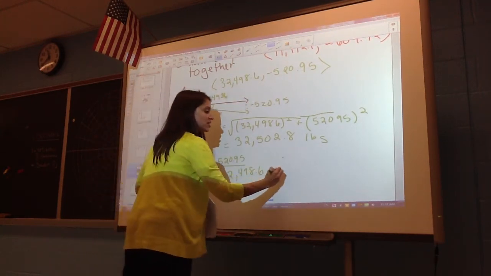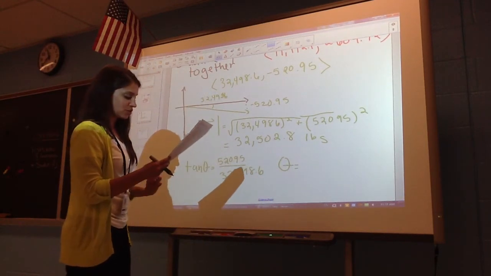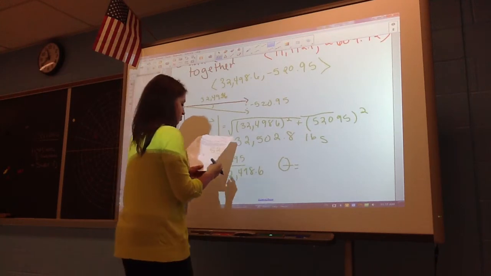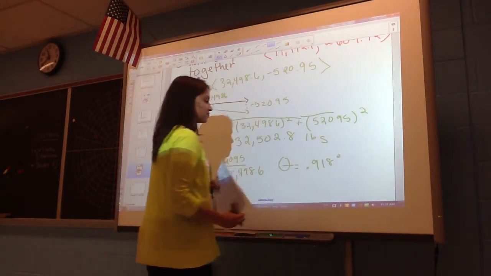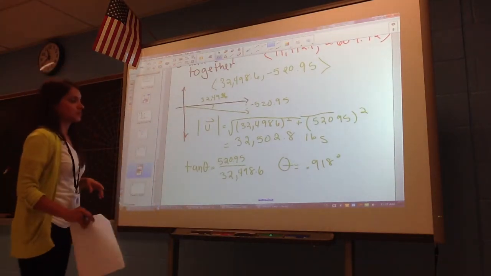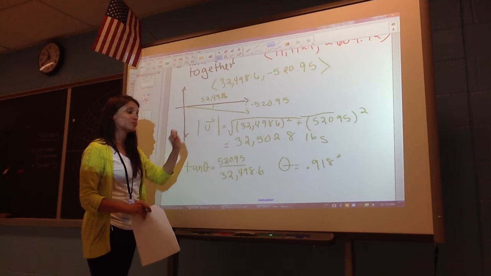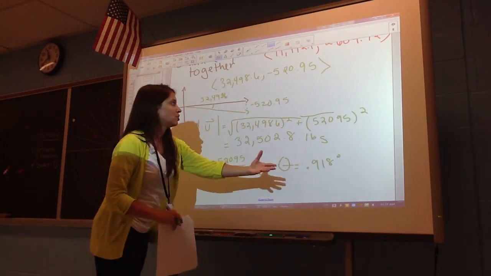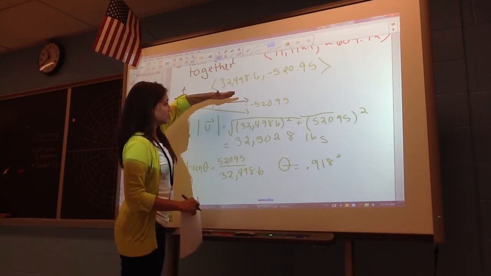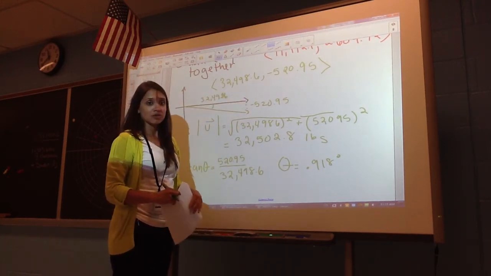Use the inverse tangent. When you take the inverse tangent of this ratio, you should end up with about 0.918 degrees. Obviously my picture's not drawn to scale, but it is just going to be a little off from that x-axis. Now this is 0.918 degrees if you start going east and then go 0.918 degrees south.